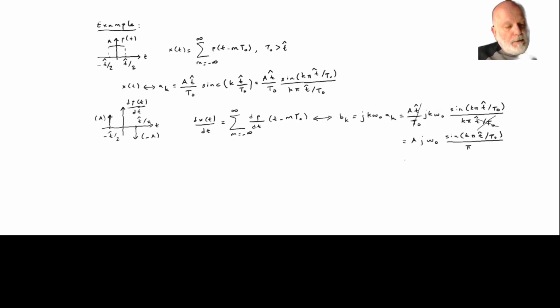Okay. Now, we can go on with this expression as follows. Remember, artificially, we have introduced t0 in the expression of this sine function by substituting, instead of omega 0, 2 pi over t0.